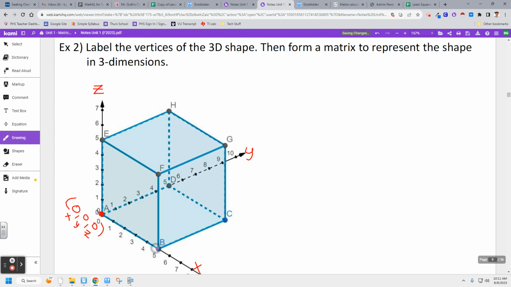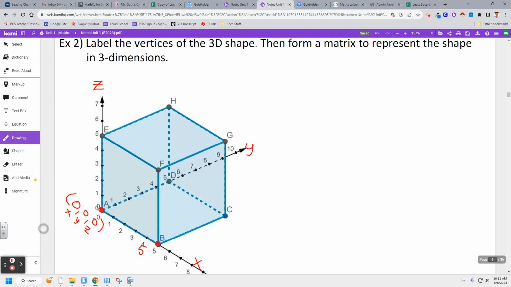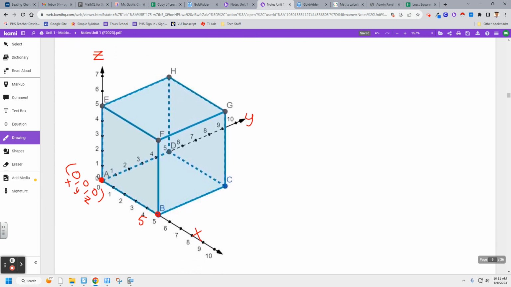So let's go to point B. Obviously, the x number is 5, because it's 5 on the x-axis. The y number, though, you've got to look at it. It doesn't go anywhere on the y-axis, so that y number is 0, and it doesn't go up at all, so the z number is 0. You've got to really try to use your imagination here.